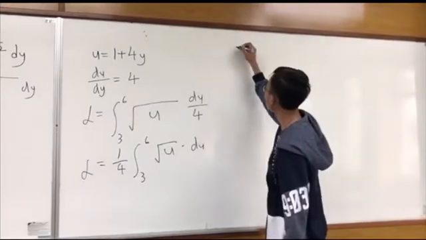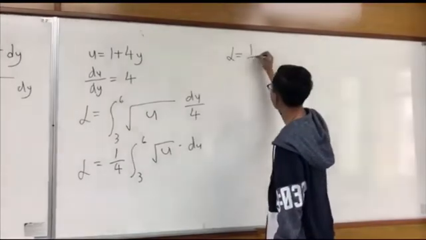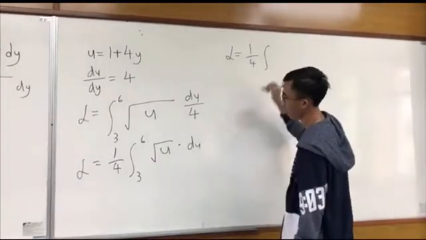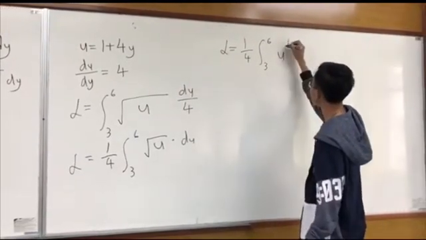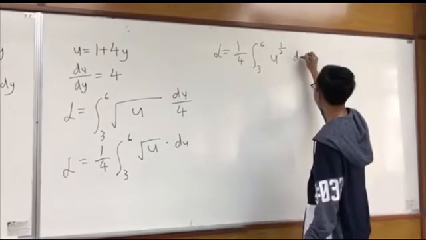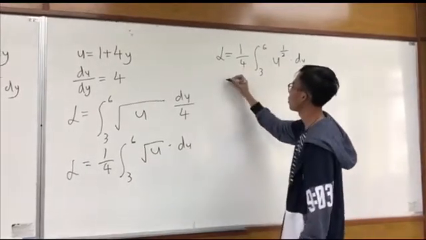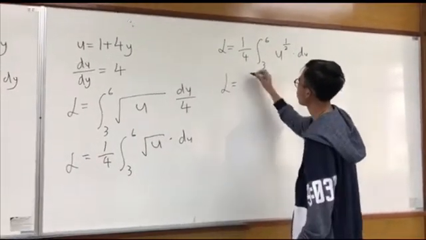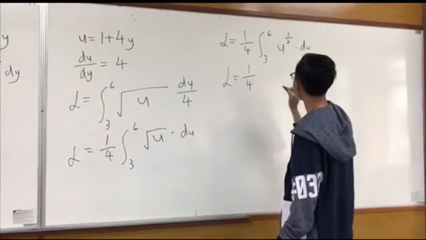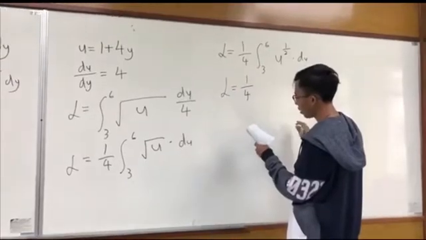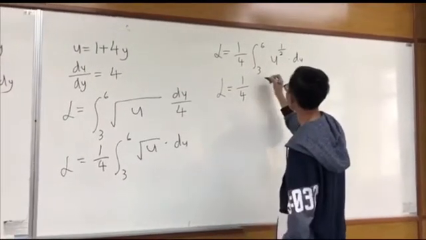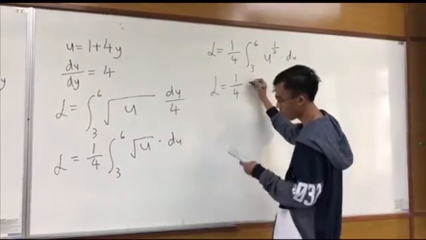Now we have L equal to 1 over 4 times the integral of u to the power of 1 over 2 du. Now we integrate it.